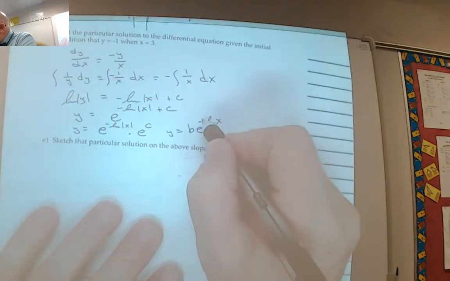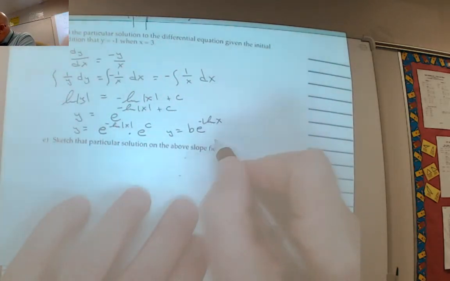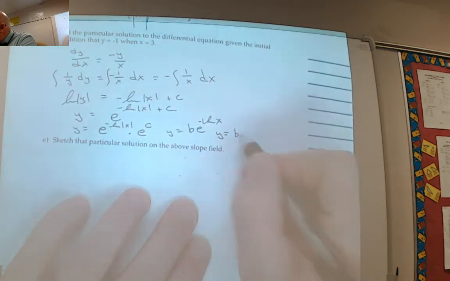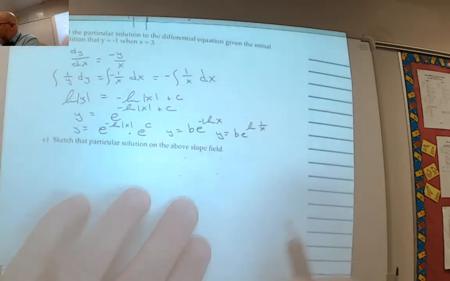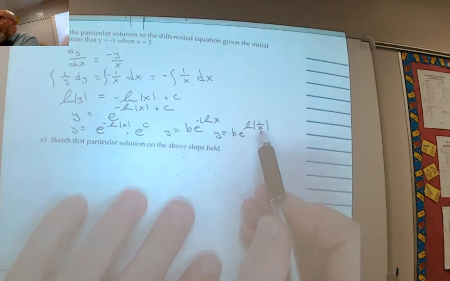This is a -1, isn't it? That negative sign is a -1. That's the actual number, correct? So I can rewrite it like this: y equals b e to the ln of 1 over x. Because that's x to the -1 power, isn't it?